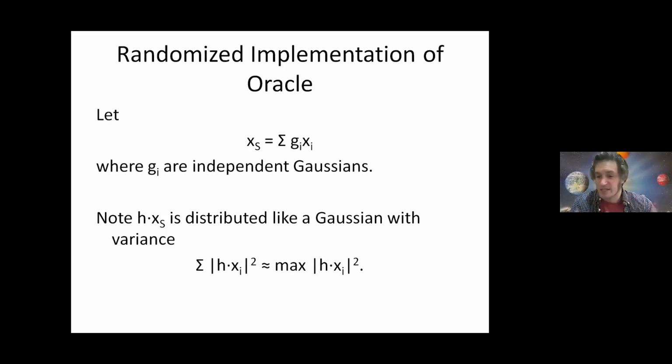The variance of that Gaussian is the sum of the H dot Xi's squared, which is on the same order as the maximum of the H dot Xi squared. And so this very simple randomized oracle, with good probability, gives us some point that is representative of the highest margin point in our set.